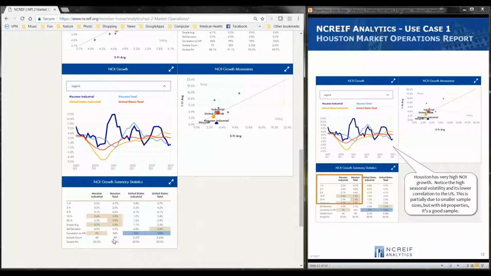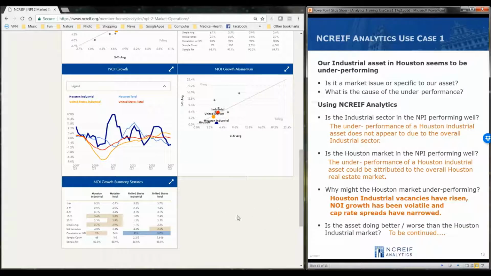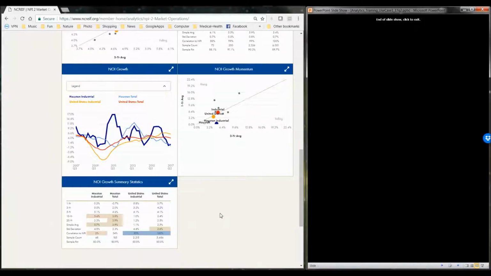In the past recession, Houston's NOI growth did not suffer as much as the nation. Thirdly, Houston's NOI growth has been high this past cycle, but overall Houston NOI growth is slowing.